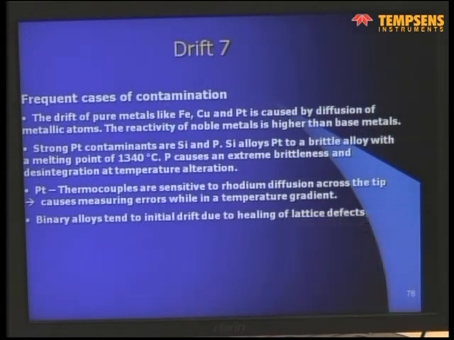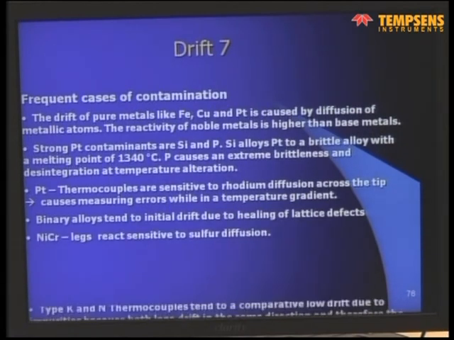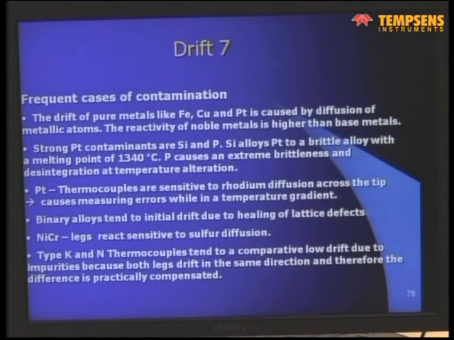Binary alloys tend to initial drift due to healing of lattice defects, of course. Type K has comparatively low drift due to impurities because both legs drift in the same direction. Both legs have majority nickel, and so due to impurities they drift in the same direction.